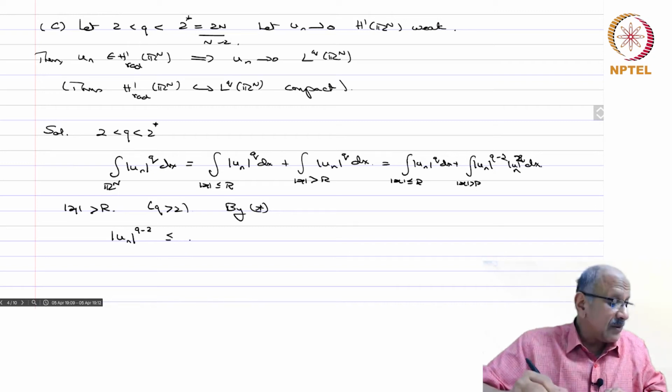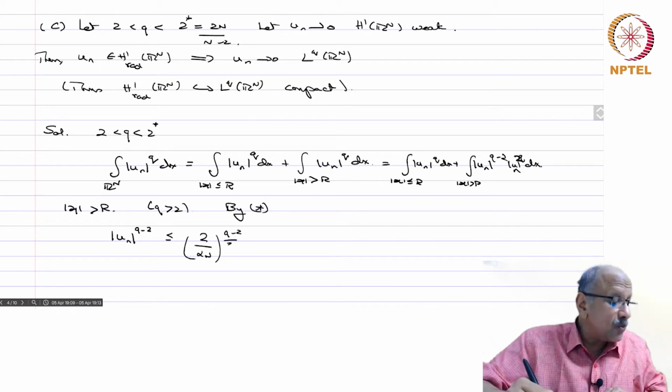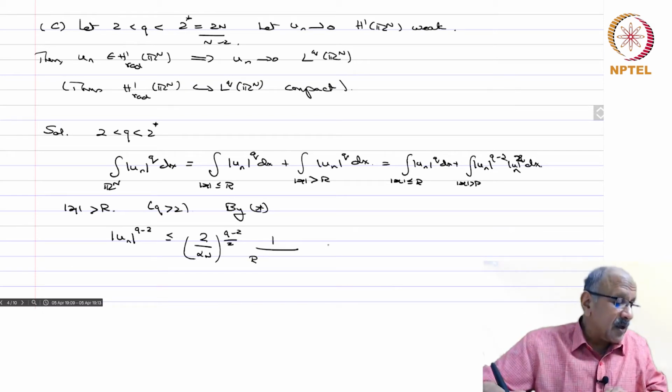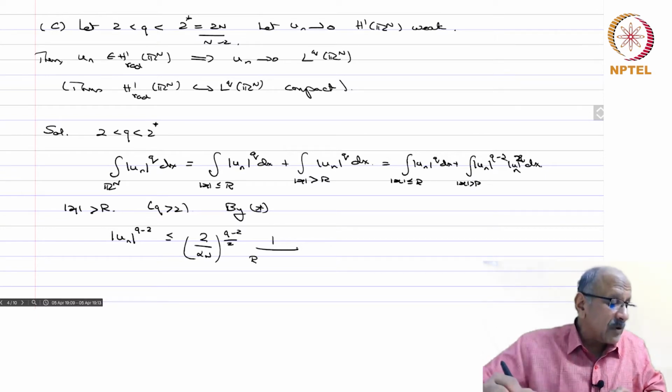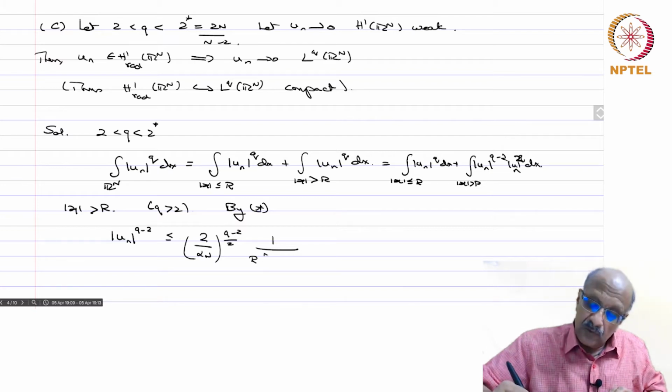So this you have less than or equal to (2 by alpha n) to the power of (q-2)/2 into 1 over capital R. Since |x| is bigger than r, r is in the denominator, so this is less than r to the power of (n-1)/2 times (q-2).